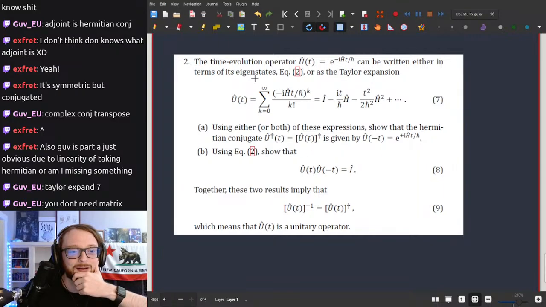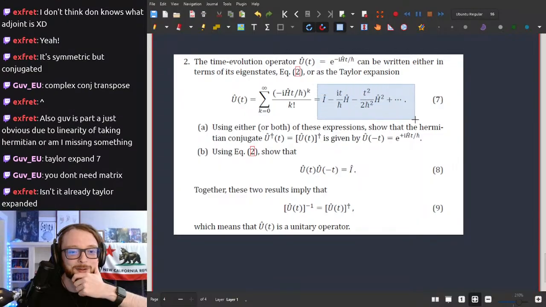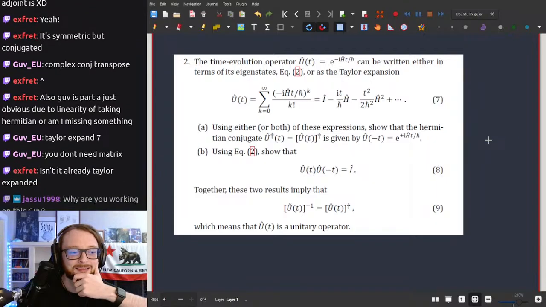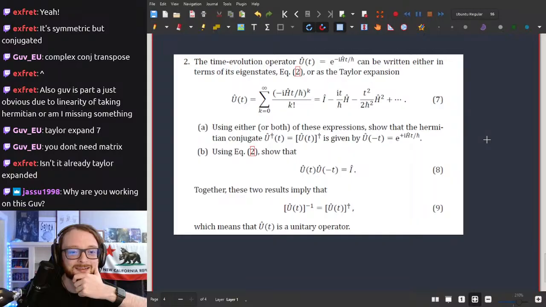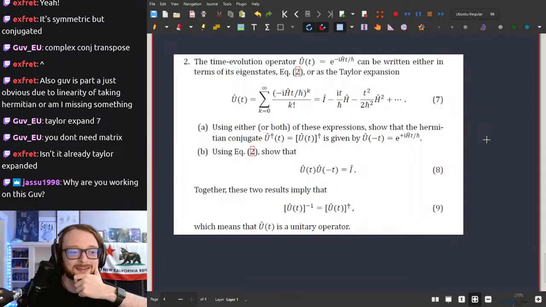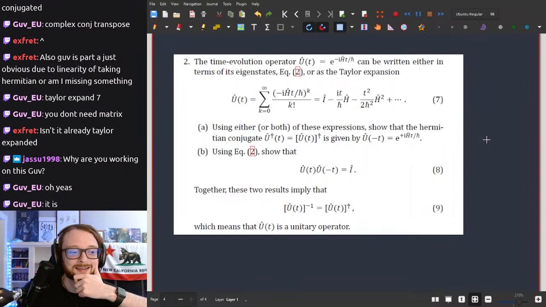Is this not already Taylor expanded? How do you expand this more? Do you just take the conjugate then?